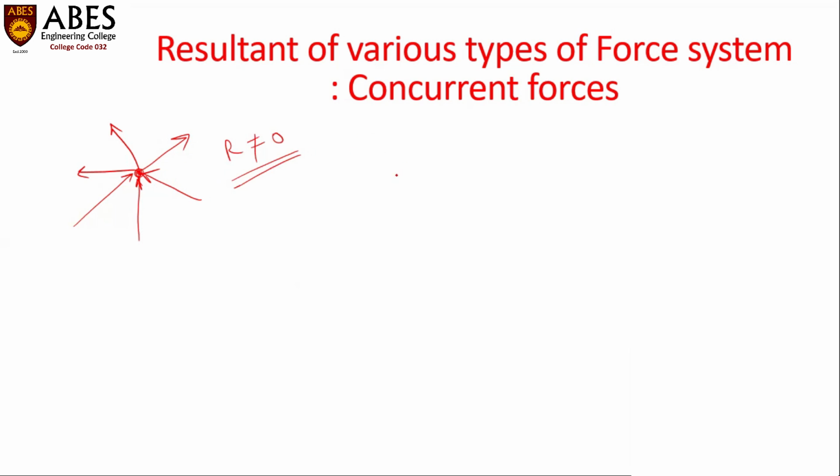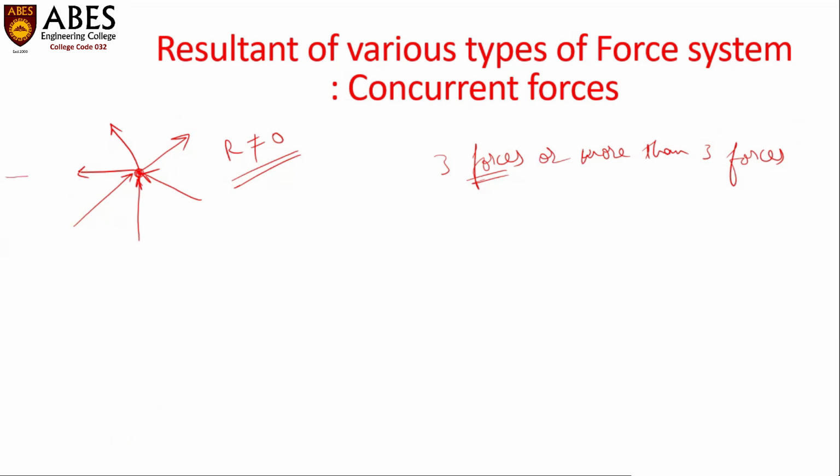One of the simplest methods is that if the forces are 3 in count, or more than 3, it hardly matters. Because the resultant is non-zero, in that case, we can adopt this situation. We will resolve all the forces in horizontal or vertical direction.